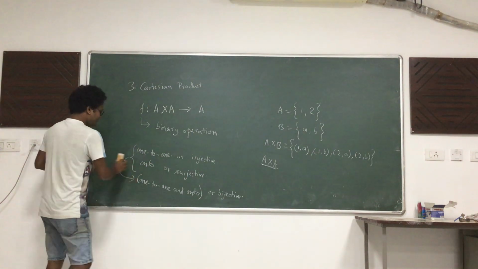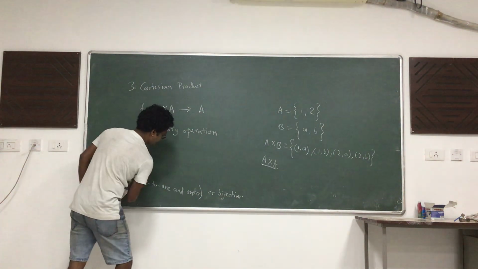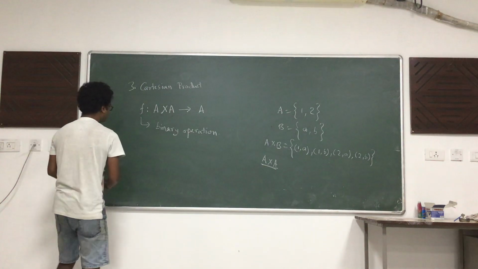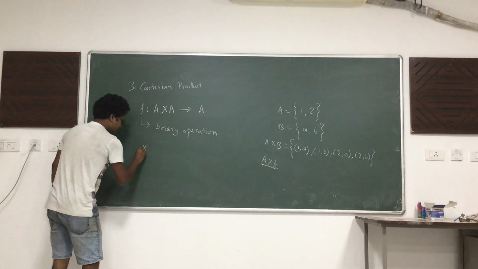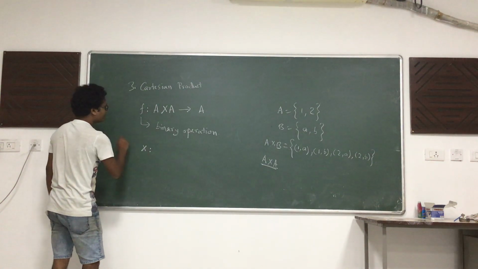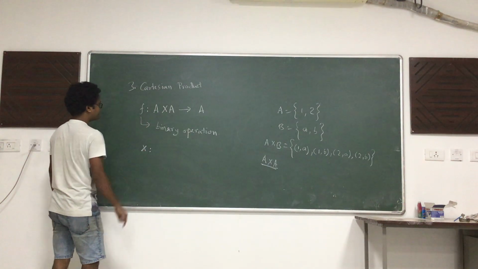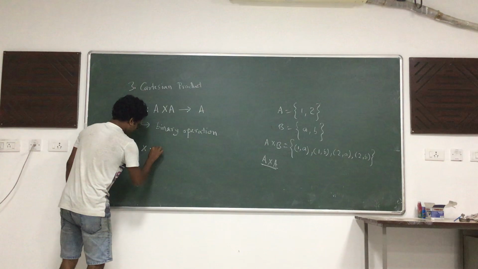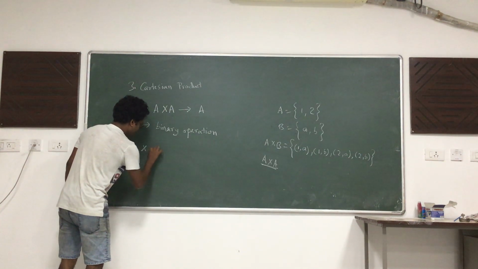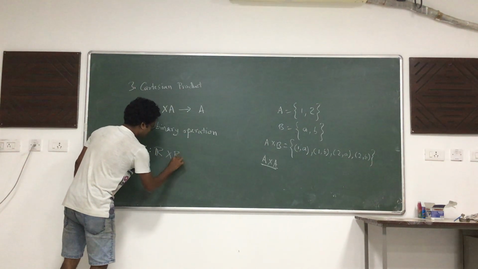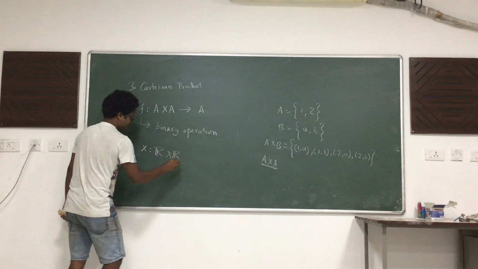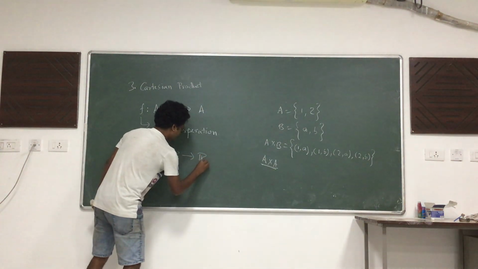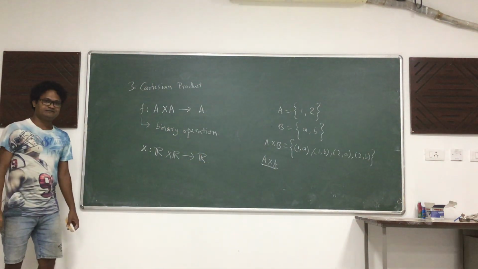Okay. So familiar examples are, for example, multiplication. This is the symbol of multiplication, and the Cartesian product symbol is the same. Multiplication of real number times real number, Cartesian product to real number, is a binary operation.